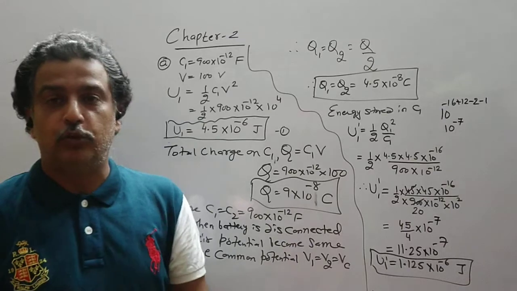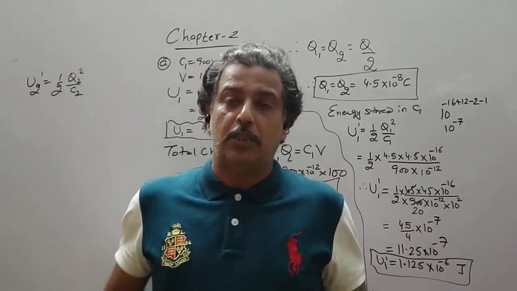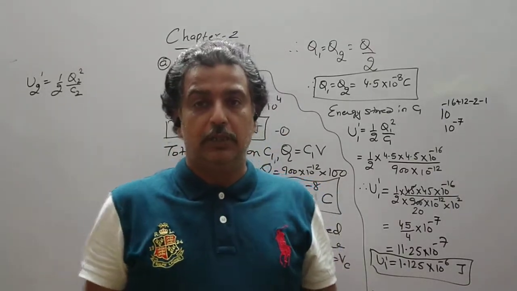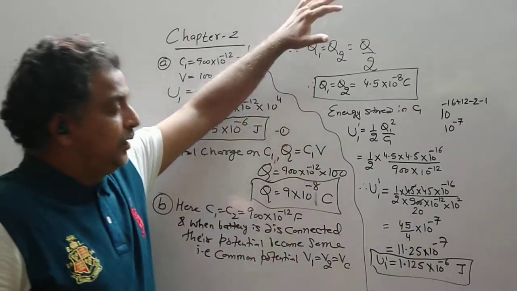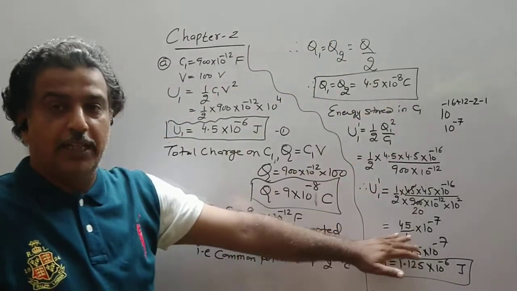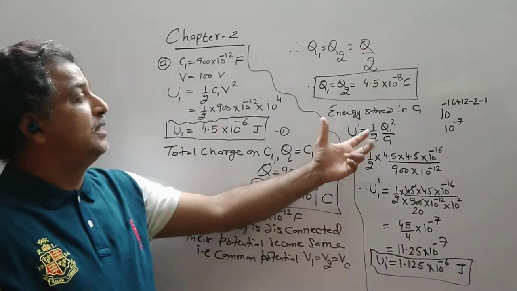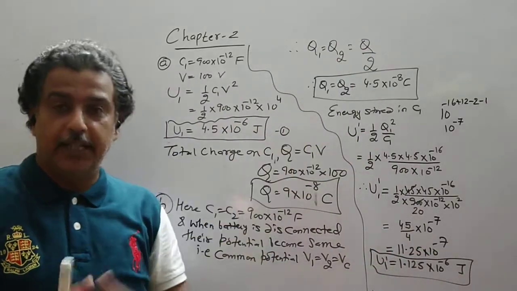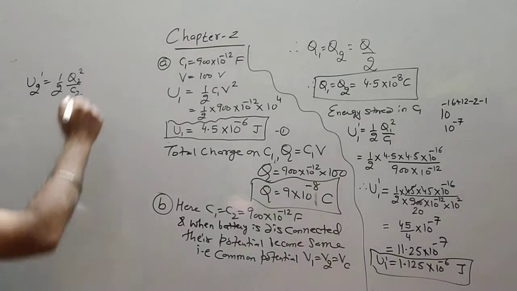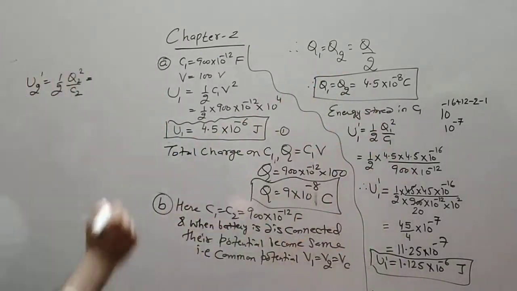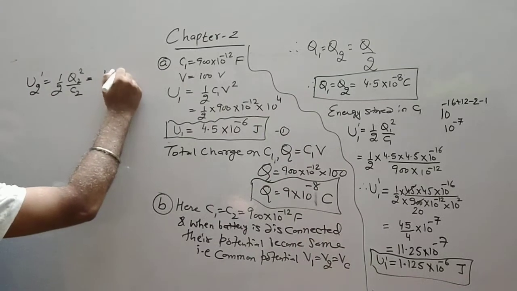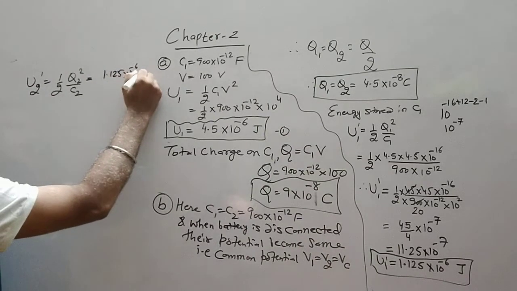That you have to find out the new value. Here common potential does not mean a half value. We will see that concept also. Remember, I am doing this numerical on the basis of the concept of charge sharing between these. So U2 dash: now same values, Q2 is same, C2 is also same. So the answer comes out to be 1.125 into 10 raised to minus 6 joule.